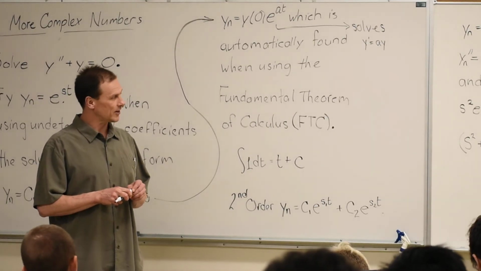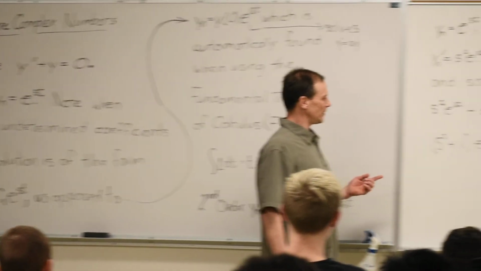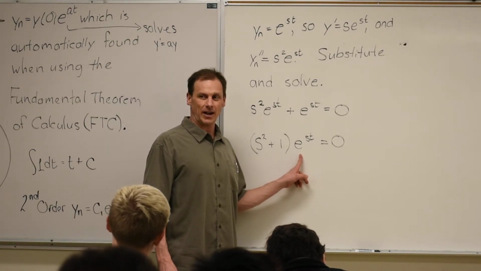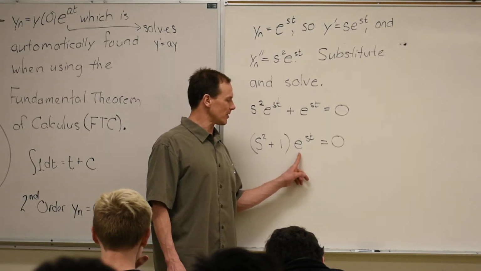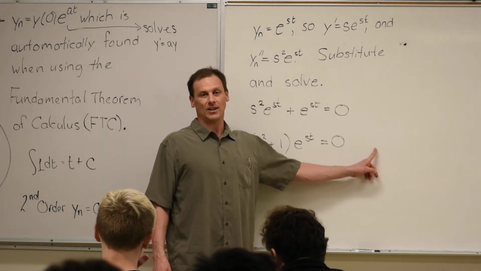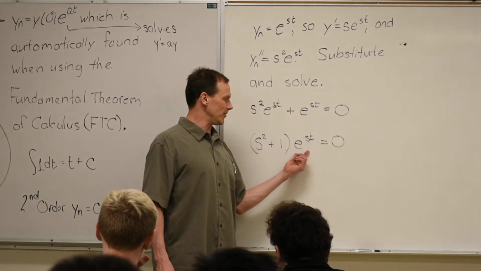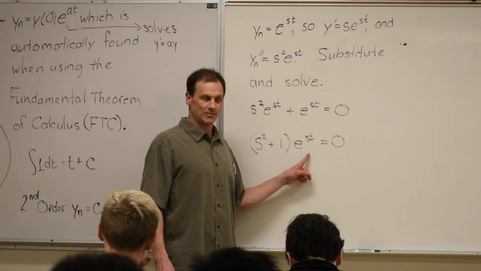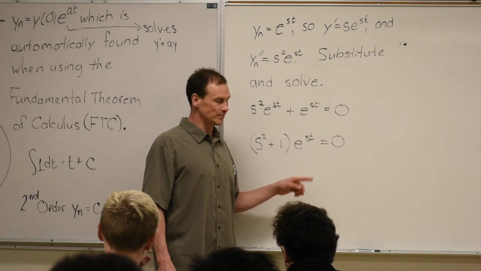We mentioned this last time. When we were in the real numbers, what we really liked to do was just divide off the e to the s t. And you can do that if these are just real values, but it could be a complex valued function, so it could have other 0 values.